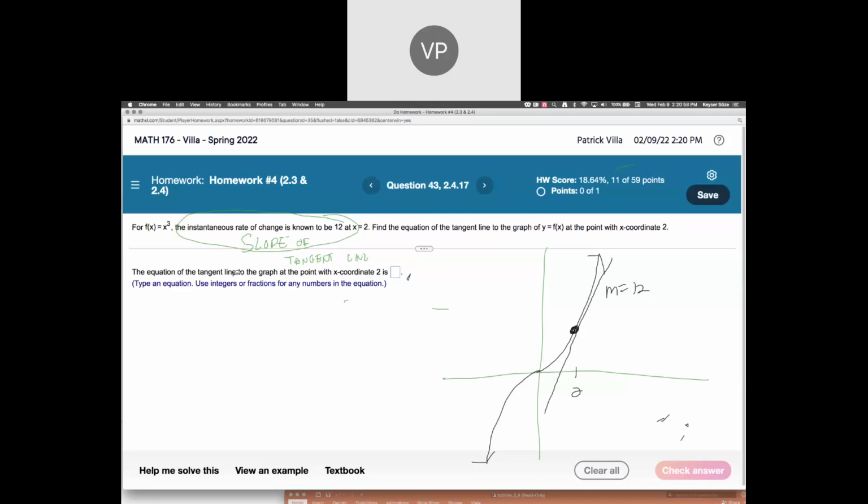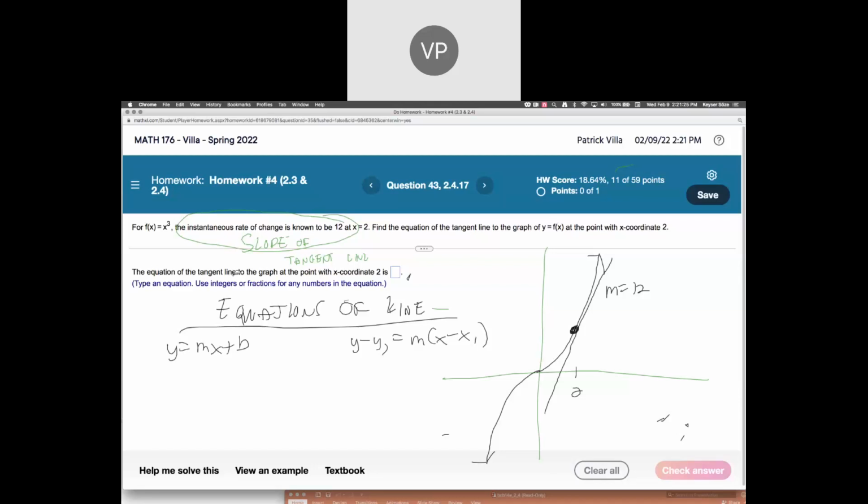Well, think about it. There's two ways to get equations of a line. This is something that you knew, but I want to remind you a little bit. Okay, sorry if that's messy. Two ways to find the equation of a line: we have y equals mx plus b, or we have y minus y1 equals m times x minus x1.